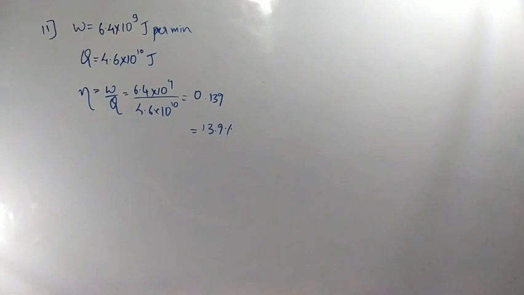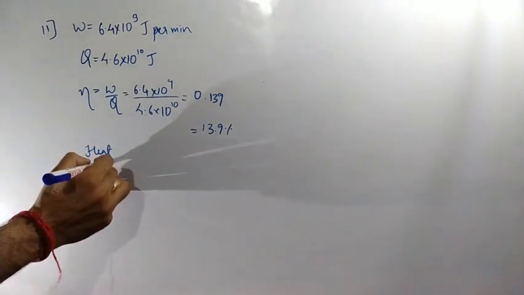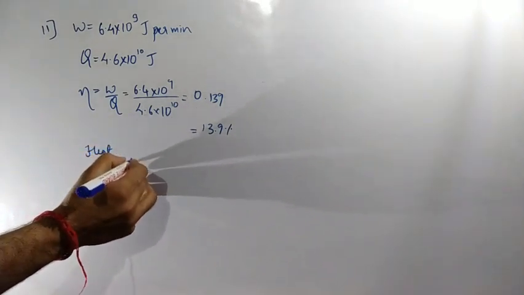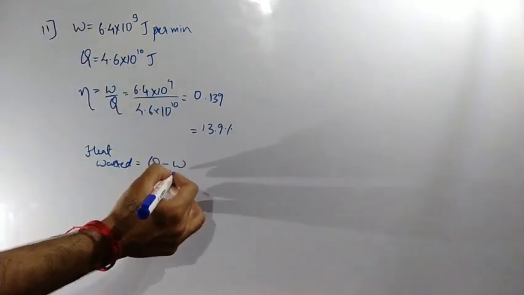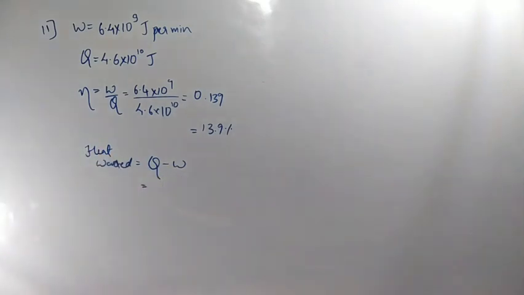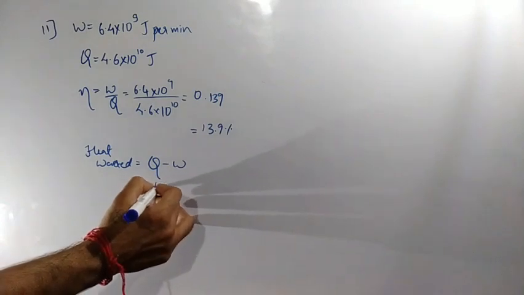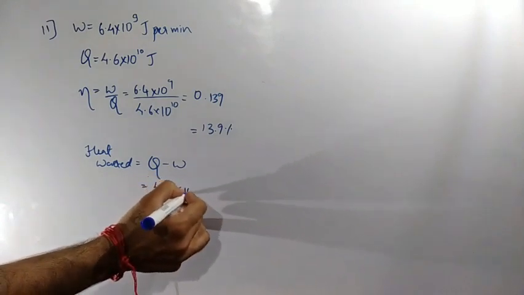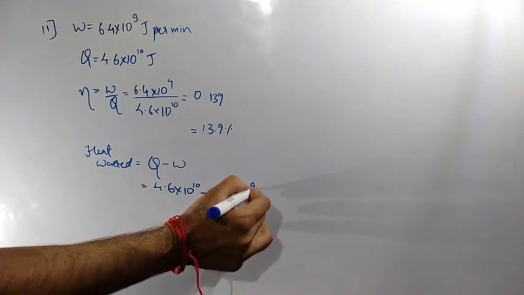Okay, the answer, how much did they give? 13%. Next, the amount of heat wasted. Listen, heat wasted means how much energy we had sent, and in that how much work it is doing. The remaining amount of energy is the amount of heat wasted. So if you calculate Q minus W, Q value is 4.6 into 10 to the power of 10 minus 6.4 into 10 to the power of 9.